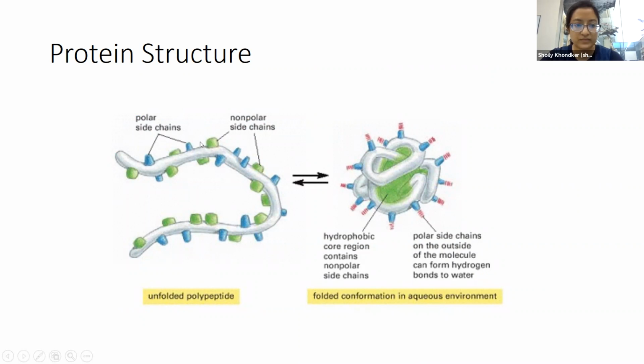So how a protein folds is dependent both on the side chains as well as the environment that it's in. So for instance, if you have both polar and non-polar side chains, and you're in a hydrophilic or aqueous environment, the hydrophobic regions, which are the non-polar side chains, will be folded into the interior of the protein.